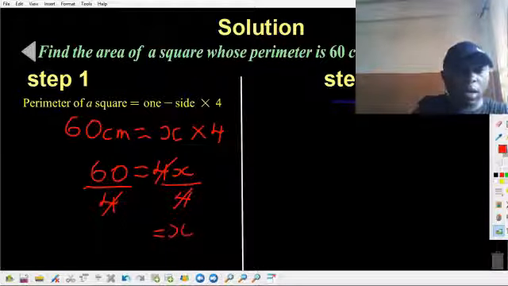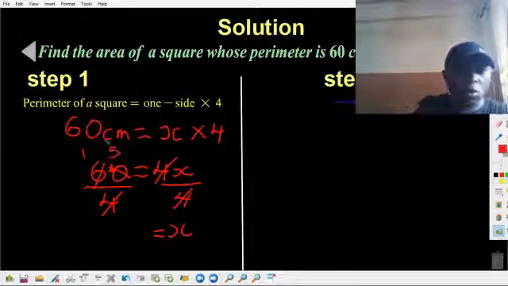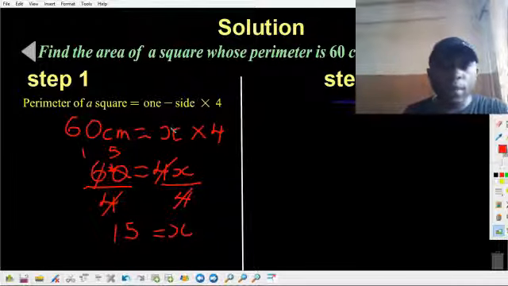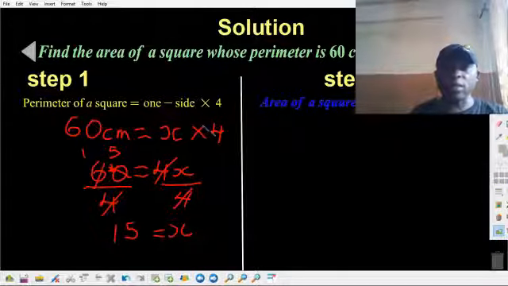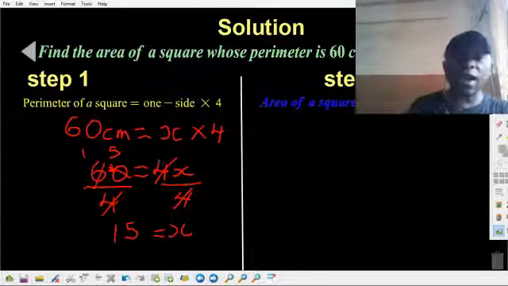So 4 here, 1, remainder 2. 4 in 20 will give me 5. So one side of the square is equal to 15. Now, knowing that one side of the square is 15, and we are asked to find the area.